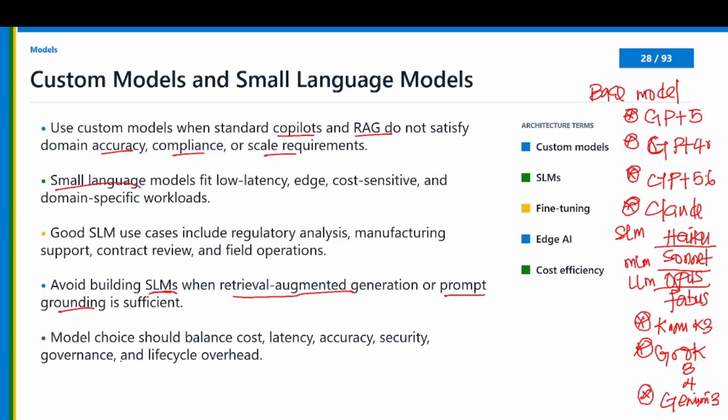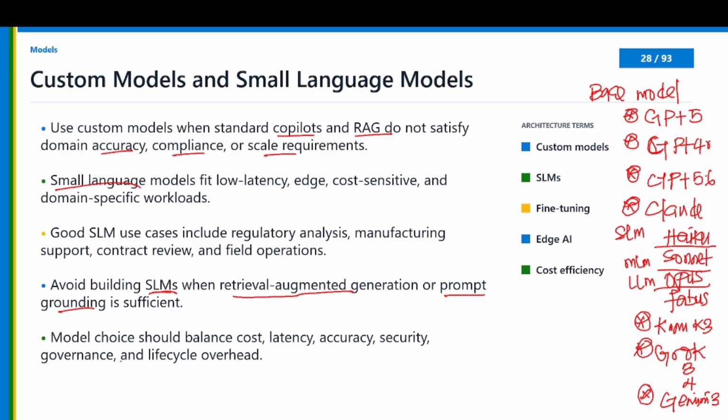The model choice should balance cost, latency, accuracy, security, governance, and lifecycle overhead. Remember, in all these things, focus on the metrics of your business value, return on investment, total cost of ownership, and risk mitigation.